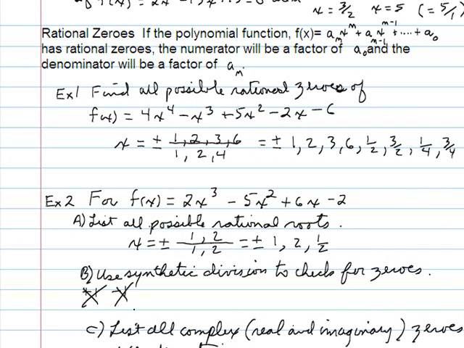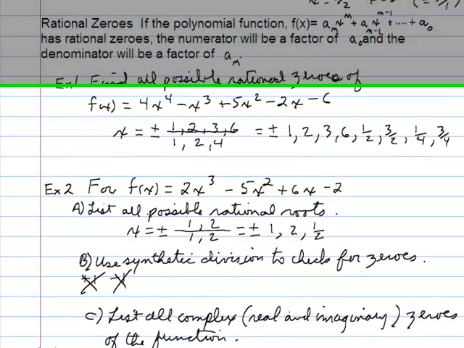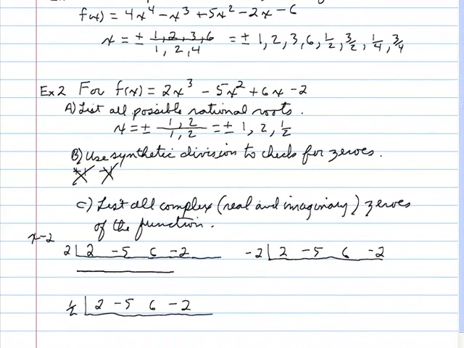Well, the 2 is a little bit harder. So to check out the 2, I'm going to go ahead and do what it says and use synthetic division. So down here, if 2 is a root, then x minus 2 will be a factor. To divide my polynomial f of x by x minus 2, I first want to change the sign to positive 2. Then I want to write all my coefficients of my polynomial here and start my synthetic division.